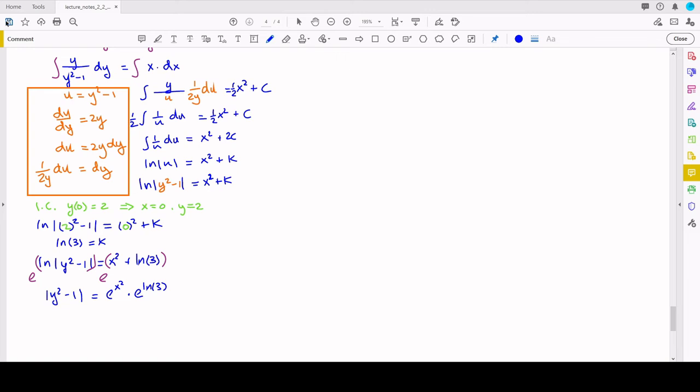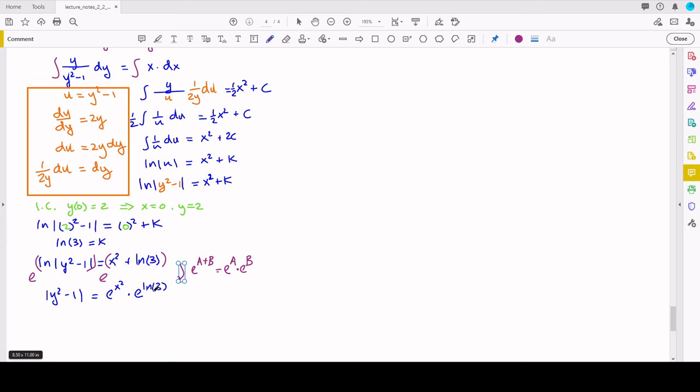What I'm using there is a property of exponents, right? So I'm using that e to the a plus b is e to the power a times e to the power b, right?